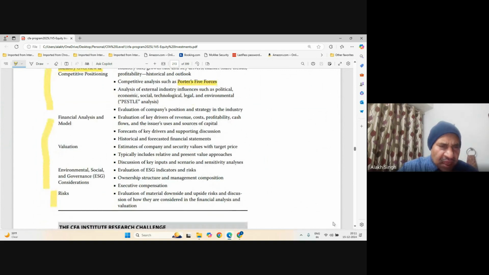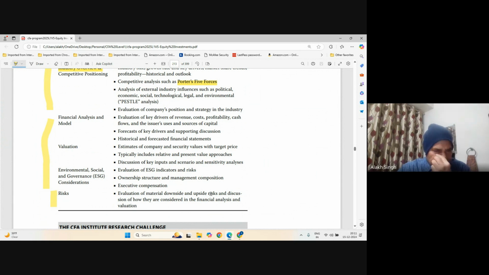Then at the last, it will be financial analysis and model, meaning those predictions of 9 quarters. And then valuation. So I had included in the end what was the WACC, and then according to that WACC, what was the value. Now this ESG has been added again. And this risk is detailed risk, evaluation of material downside and upside risk, that I had written in conclusion.